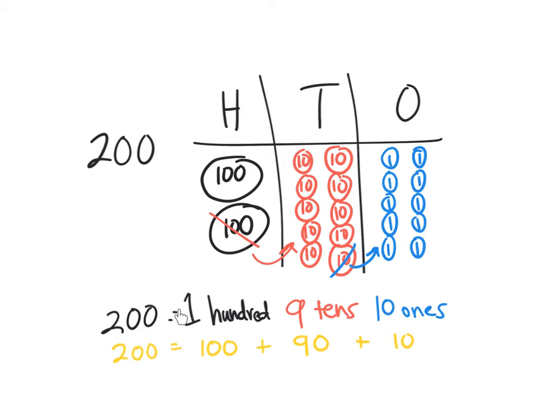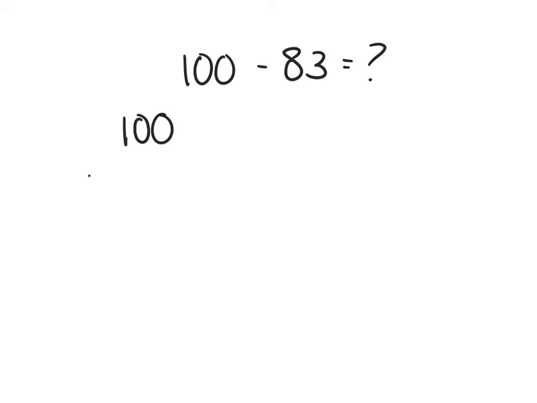Okay, so now we're going to use this type of strategy to help us with a subtraction problem. So let's say I have 100 take away 83. And I want to know, what does that equal? Well, first thing I'm going to do is I'm going to line it up in vertical form. 100 take away 83.